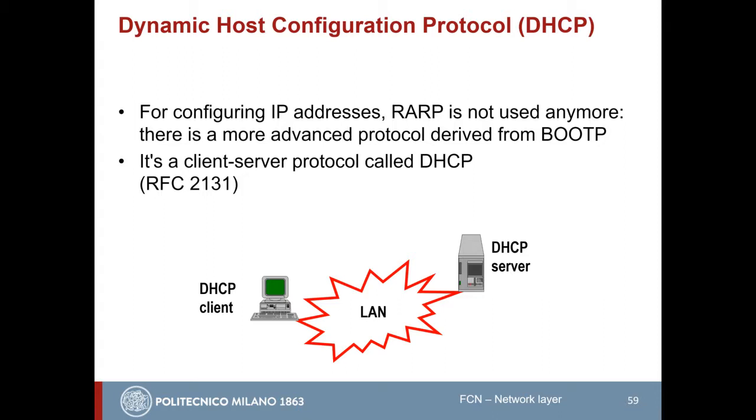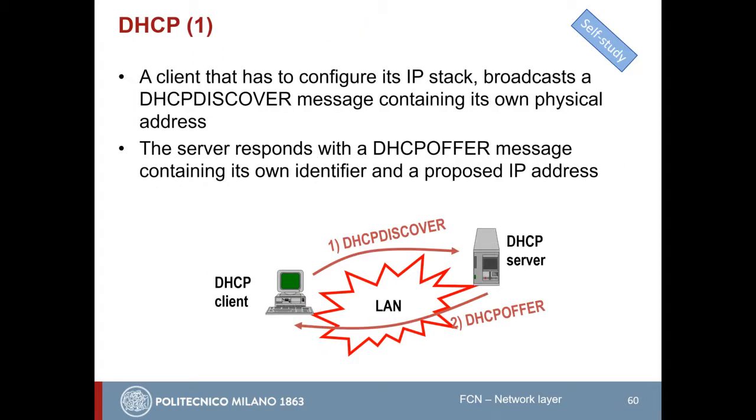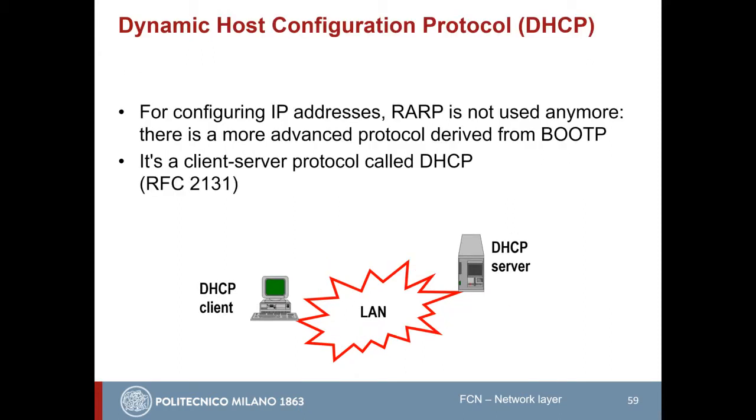And since this is a sophisticated protocol, DHCP is defined on the application layer. So basically, it is an application layer protocol, and it has to rely on a layer 4 protocol, that in this case is UDP, which then is encapsulated into IP packets and so on.